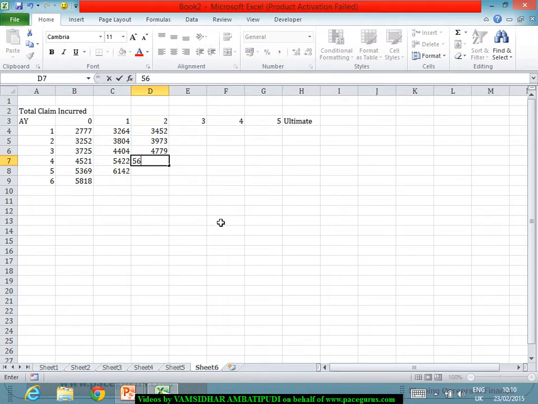initiated in, let's say, accident year 4, whatever got settled within 2 years from then. Similarly, we could look at all other numbers as well.